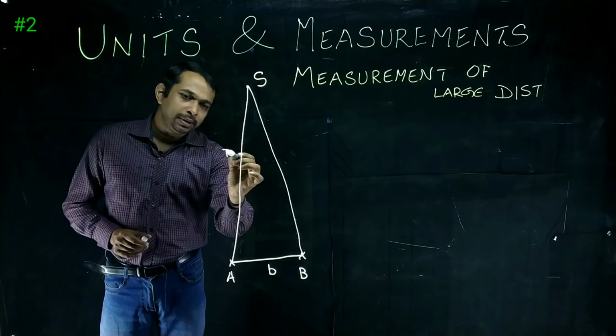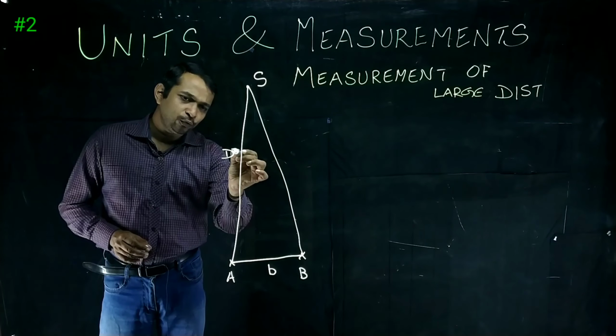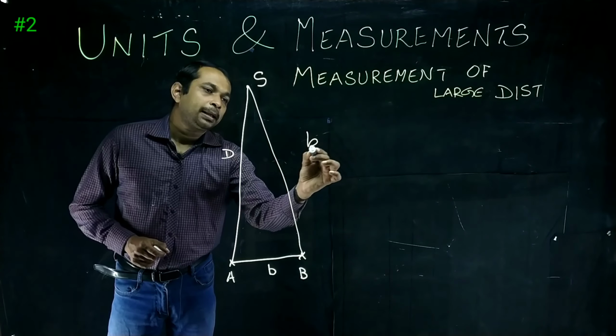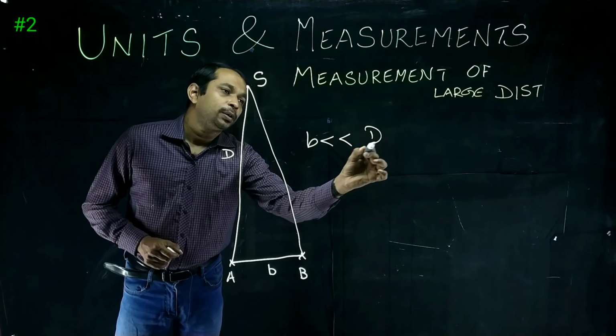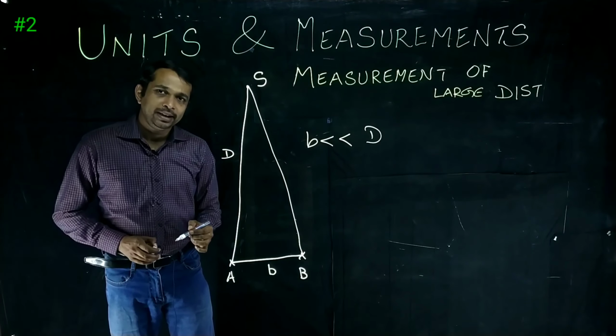So let this be D. b is very small compared to D, right?